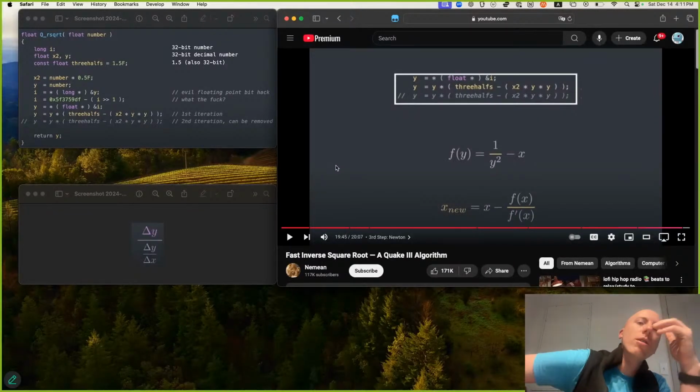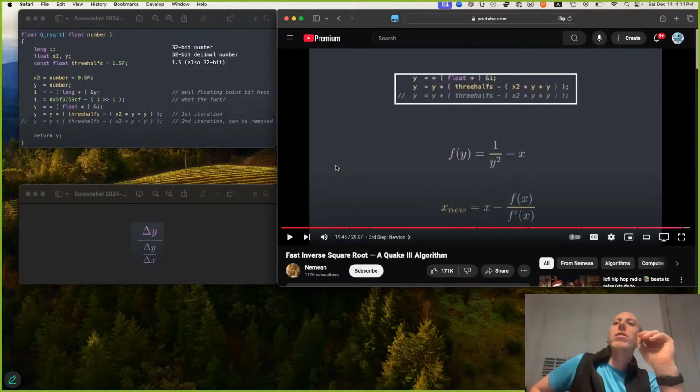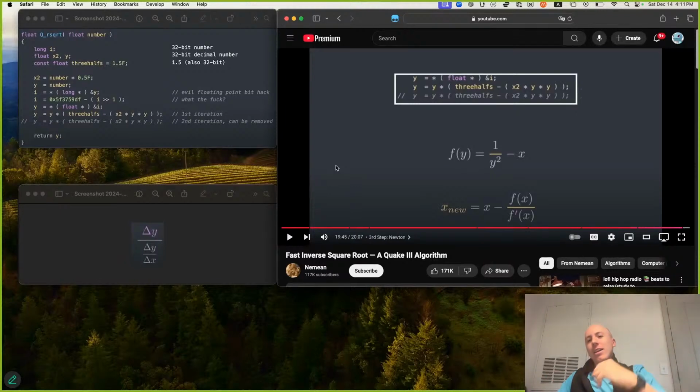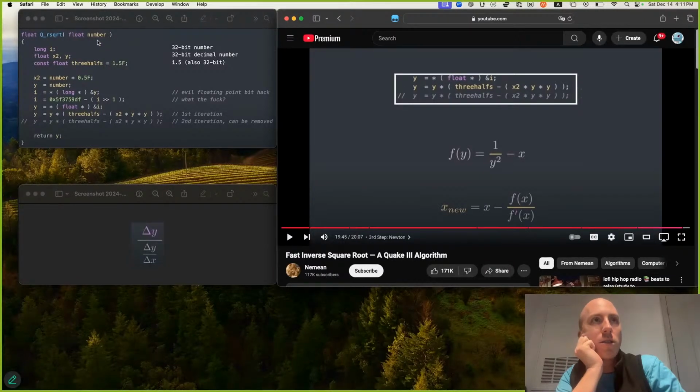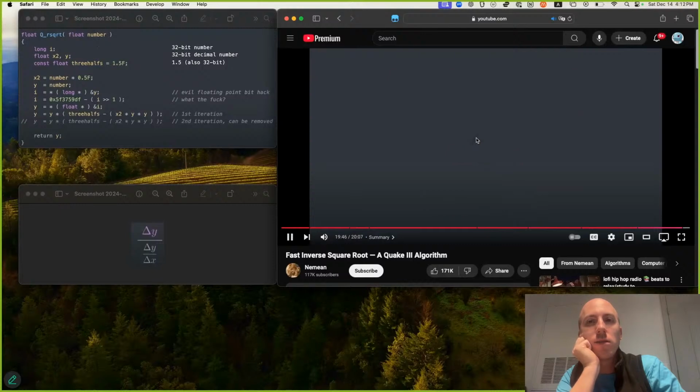I forgot how much he talked about divisions being slow. Oh yeah, he did mention divisions being slow. Let me just do bit shifting instead. I know that the square root thing was slow, I guess.